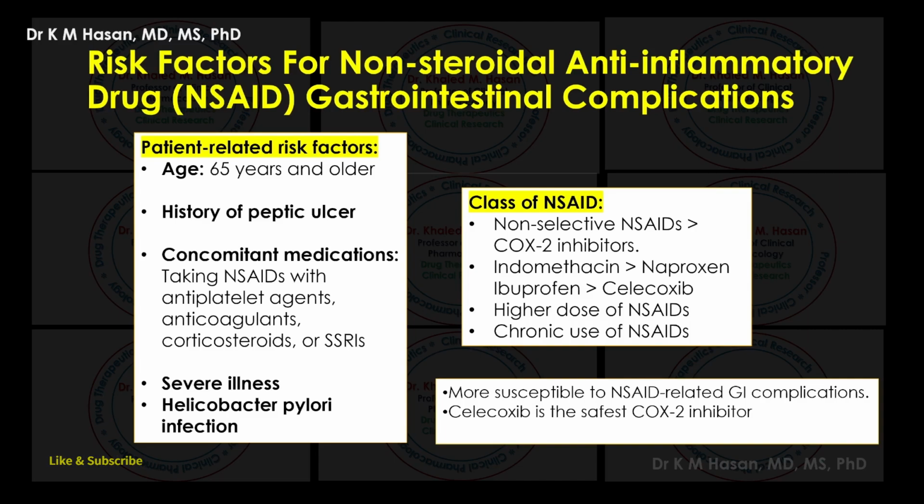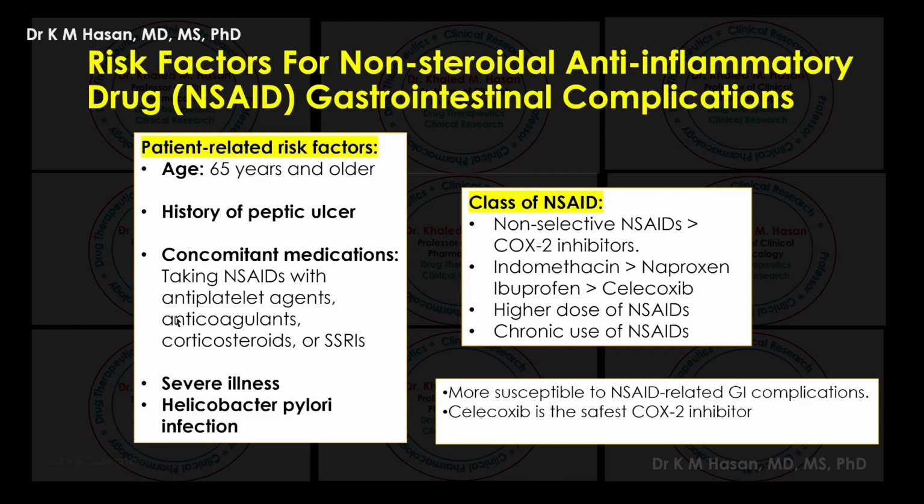This slide discusses the risk factors for gastrointestinal complications of non-steroidal anti-inflammatory drugs: who is at risk for developing peptic ulcer disease, or any complication related to the GI system. Number one, any patient above 65 years old, or a patient with a history of peptic ulcer disease.